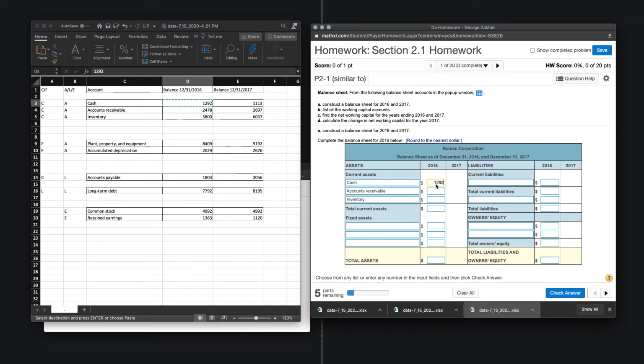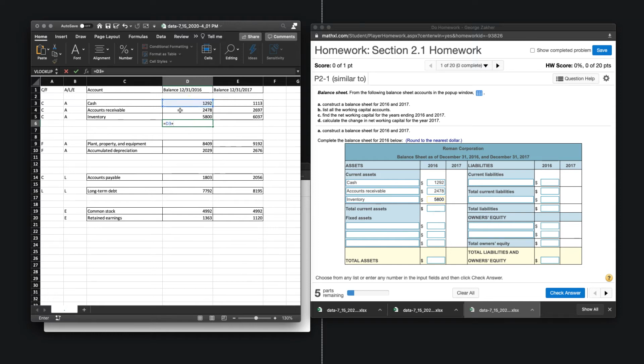And now we need to figure out the total current assets, so we'll simply add those up. So that takes care of our current assets.